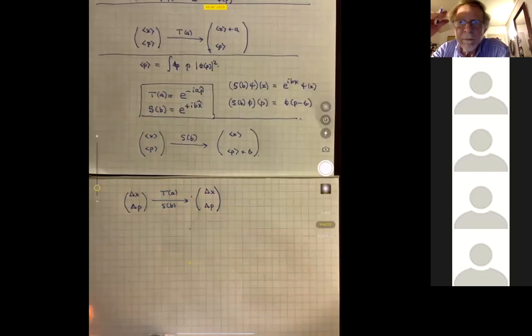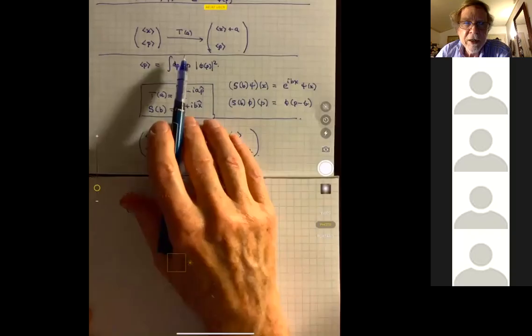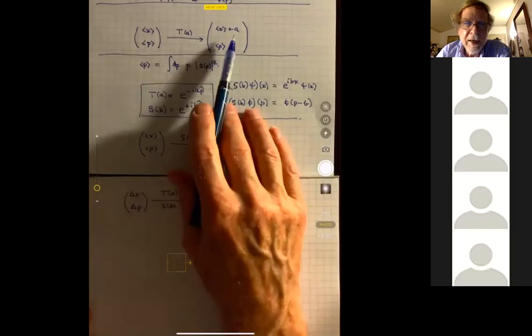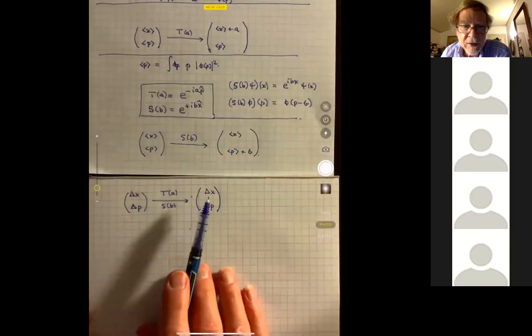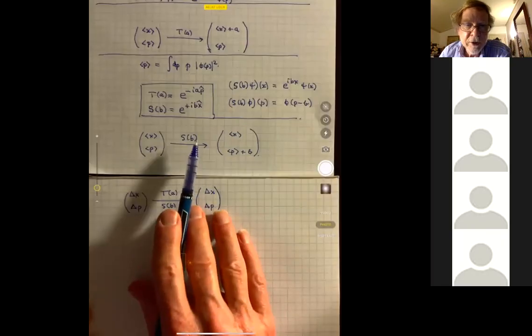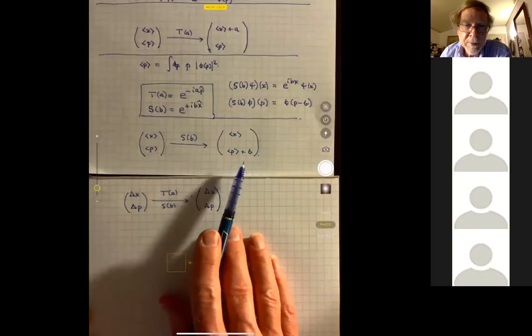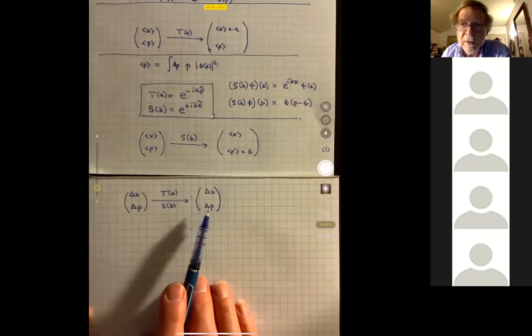If you took an ordinary probability distribution and displaced it, it would change the mean, but it wouldn't change the standard deviation. So this X displacement changes the mean by shifting it by A, but it doesn't change the delta X. Likewise, the momentum shift changes the momentum expectation value, but not the delta P.